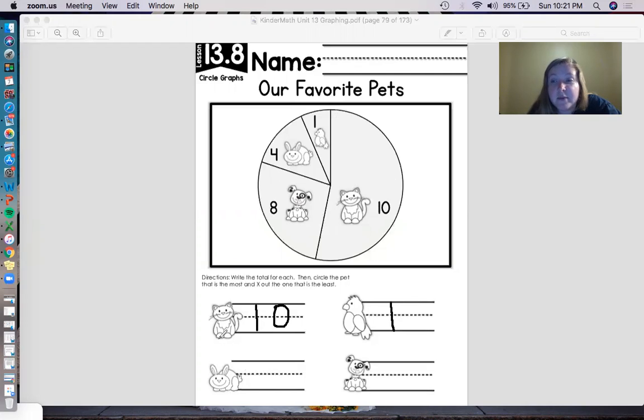Now find the bunny on the circle graph and tell me how many kids chose a bunny as their favorite pet. Let's look. 4 friends chose a bunny as their favorite pet. Good job.